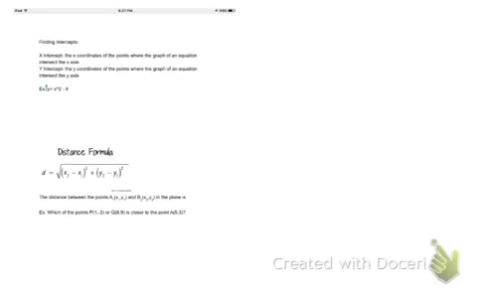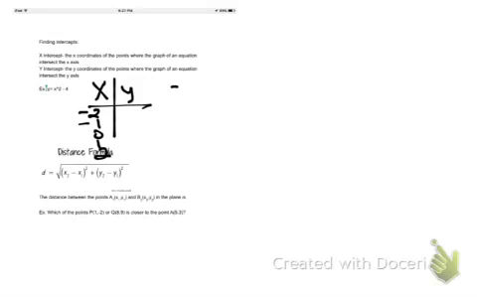So we would do x, and then y, and then you plug in a couple points: -2, -1, 0, 1, and 2. And then you'd have to plug it into the equation, x squared minus 4.